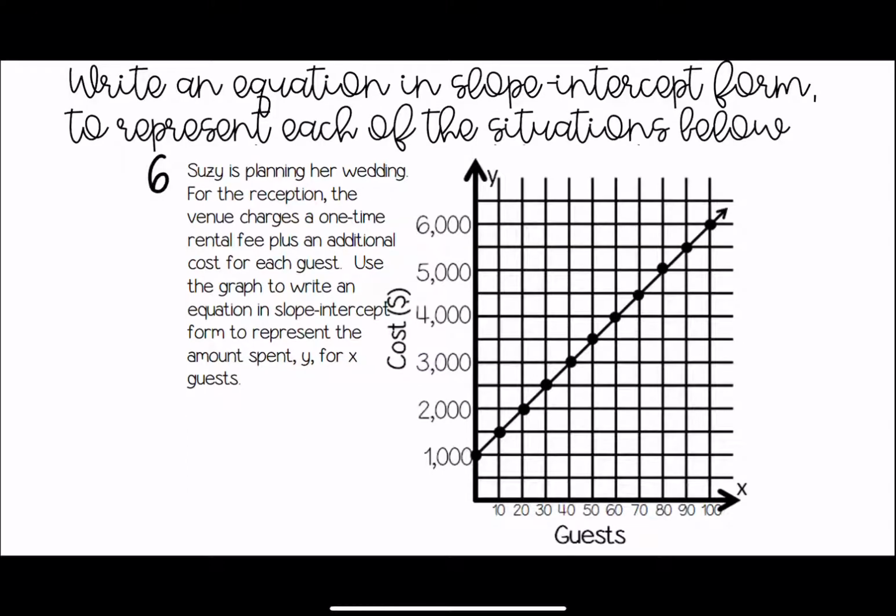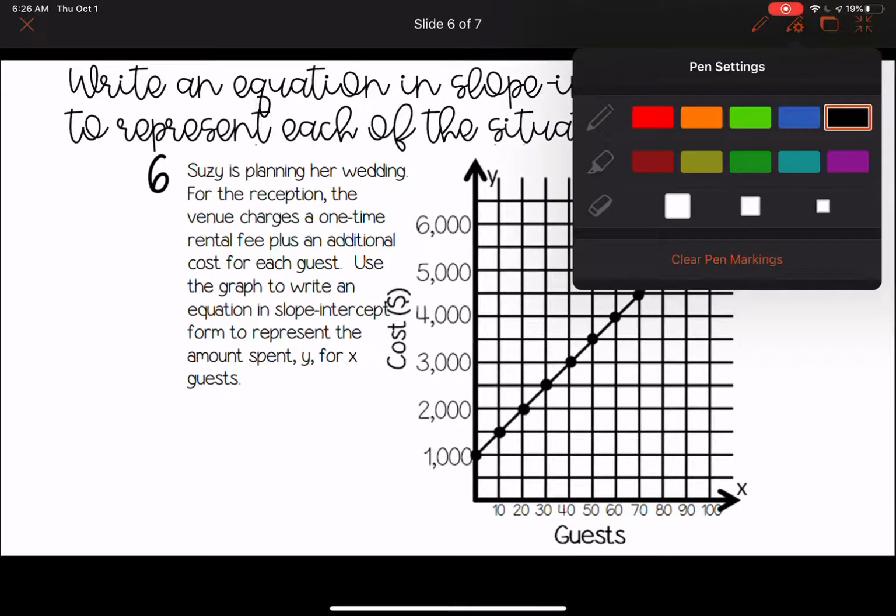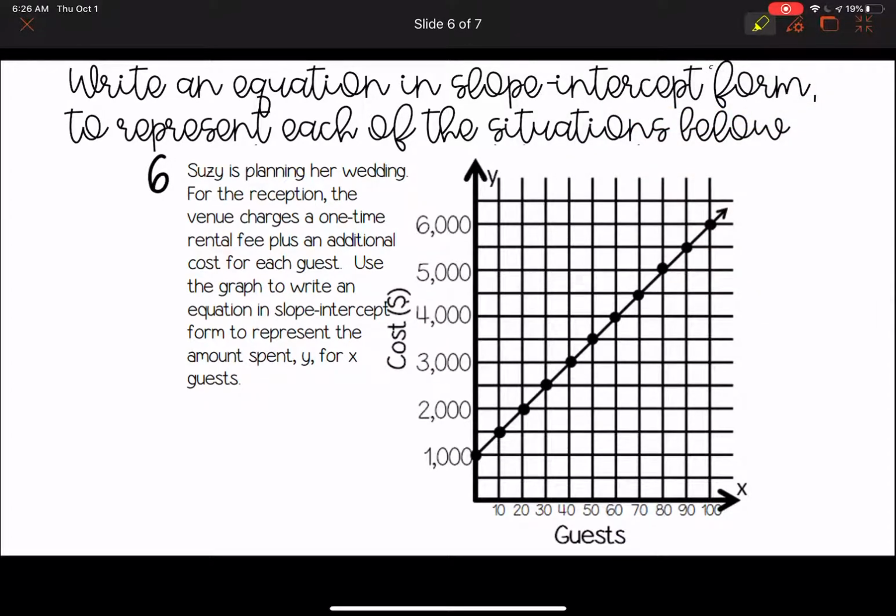So we're going to write an equation in slope-intercept form to represent each of the situations below. Now, you see that Susie is planning her wedding reception. For the reception, the venue charges a one-time rental fee plus an additional cost for each guest. So these are key words that I want you to highlight.